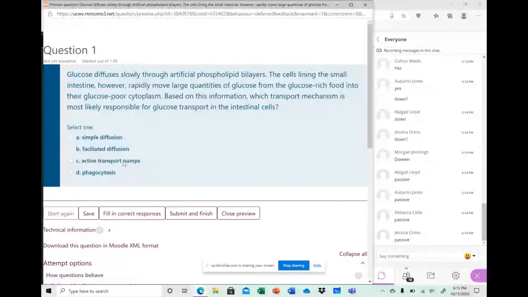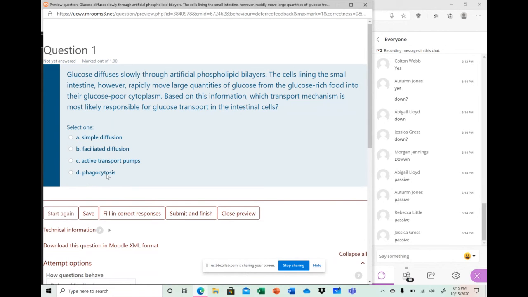So we can then mark out active transport, right? We know that's not an answer because we're not moving against the gradient. Okay, so we've marked out two, and now we're coming down to the two that are left: facilitated diffusion and phagocytosis.